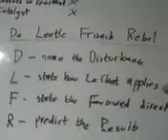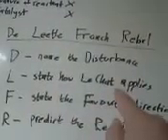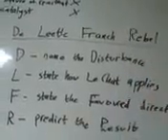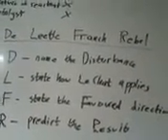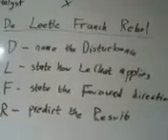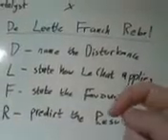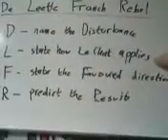Then, step L. State how Le Chatelier's principle will apply when you make that disturbance. So this flows from the previous step. And we said Le Chatelier always wants to do the opposite of what was done to the system. Okay, so if you increase the temperature, Le Chatelier will want to decrease the temperature.